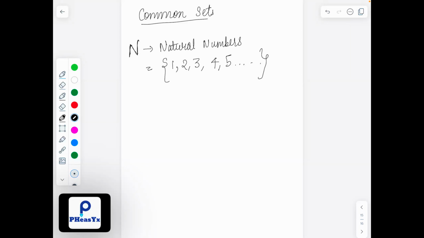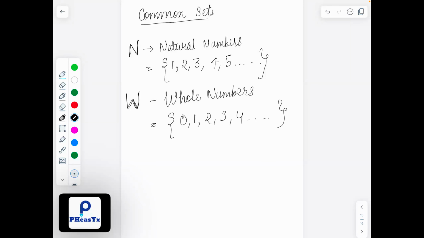All the positive numbers except 0 come under natural numbers. Next is set W, which is whole numbers. All natural numbers including 0 are whole numbers.